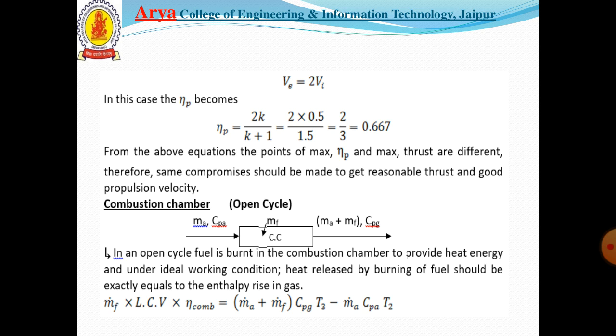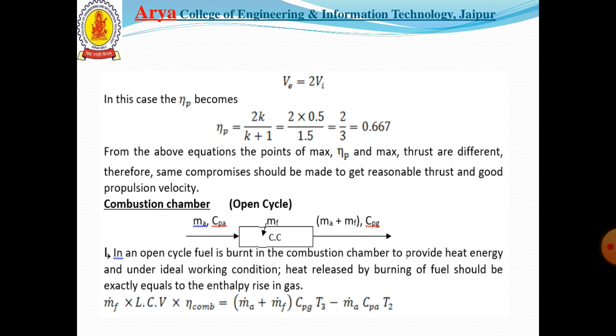In this case, the propulsive efficiency becomes 0.667 or 66.7%. From the above equation, the points of maximum eta P and maximum thrust are different. Therefore, a compromise should be made to get reasonable thrust and good propulsion velocity.